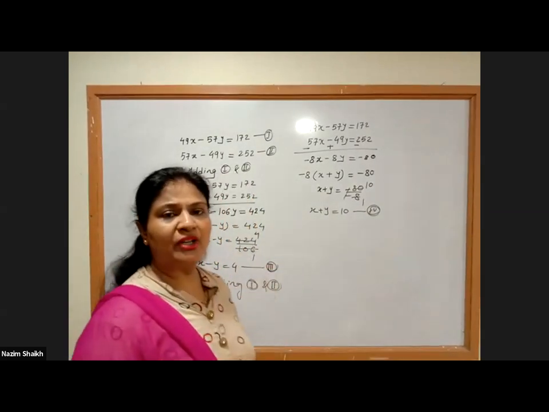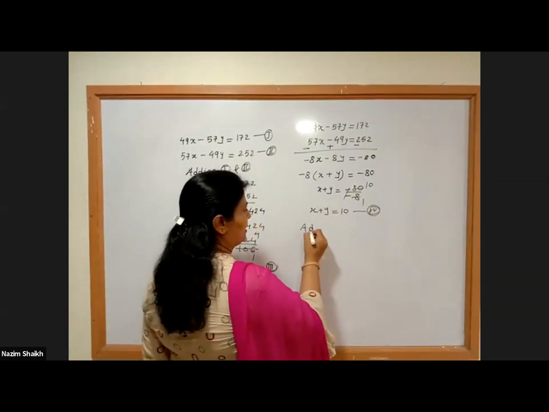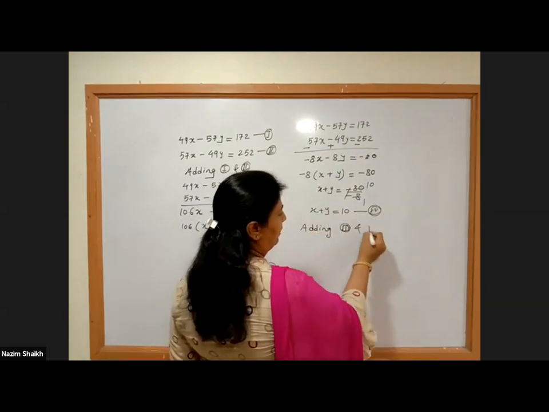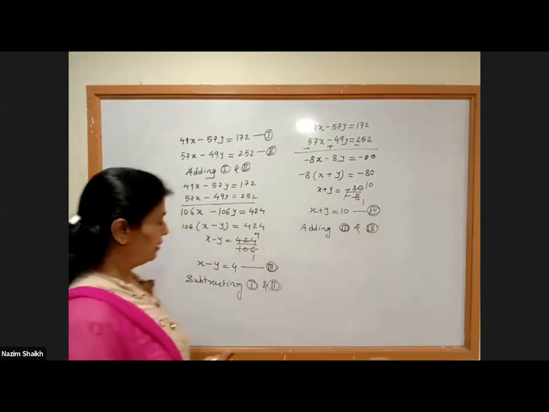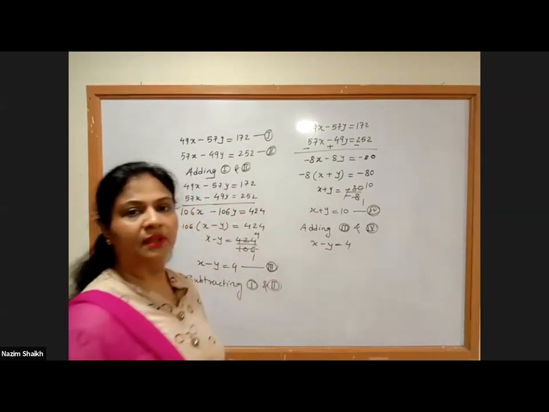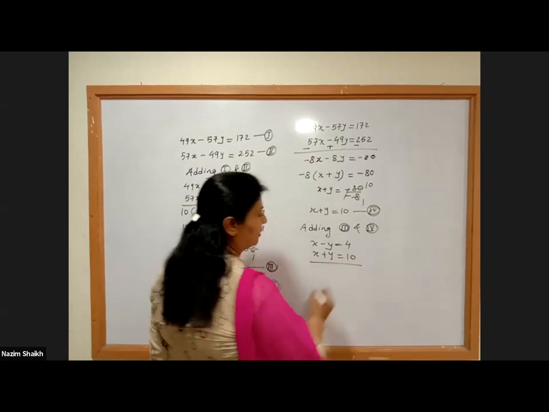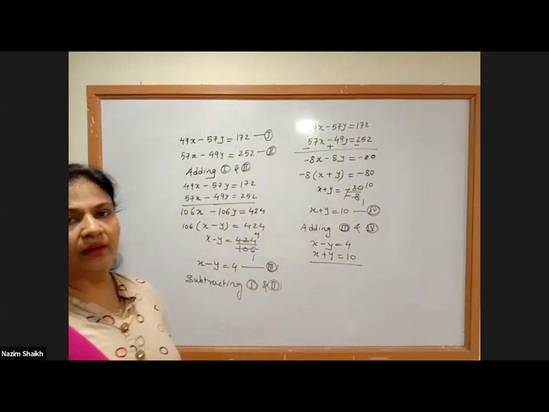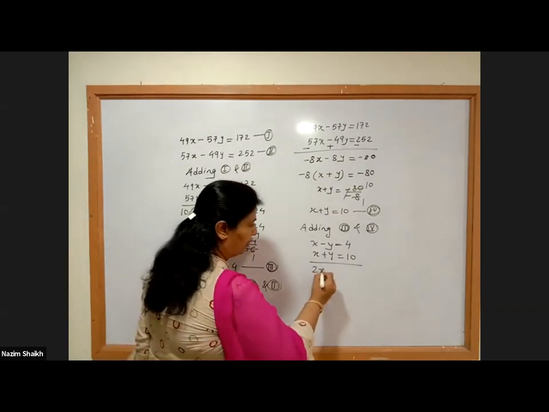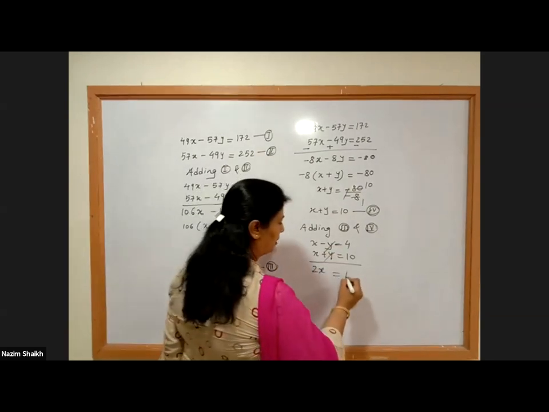अब ये जो दो नए इक्वेशन मिले, क्या कहते हैं हम इसको? बिना सोचे समझे, डायरेक्ट करना आपको, adding equation 3 and 4. So your equation 3 and 4 is x minus y is equal to 4 and x plus y is equal to 10. So x plus x, that goes to be 2x and y's are getting cancelled, which is equal to 14.